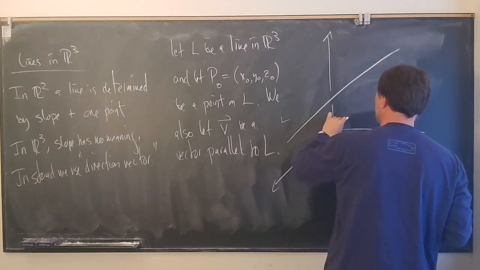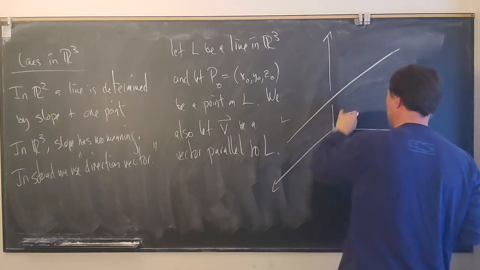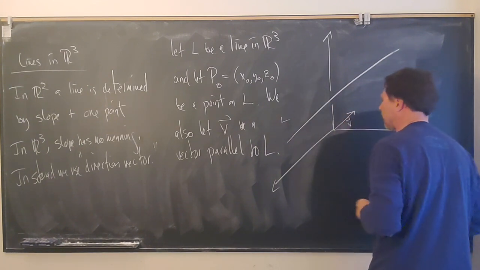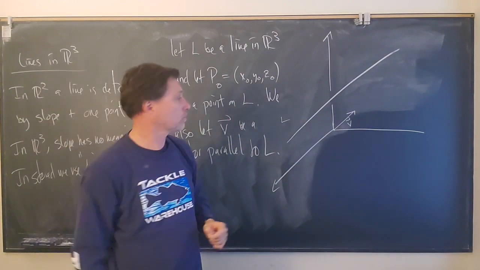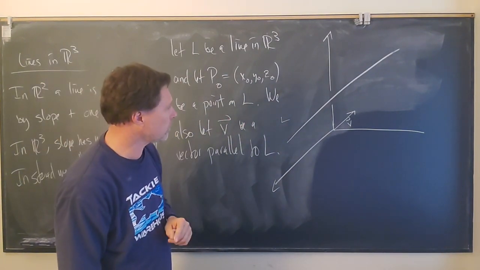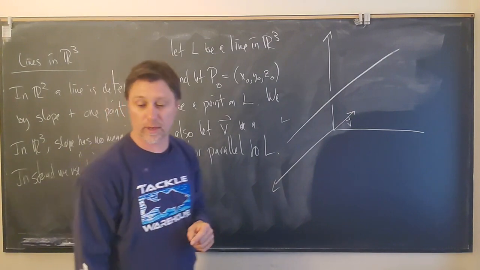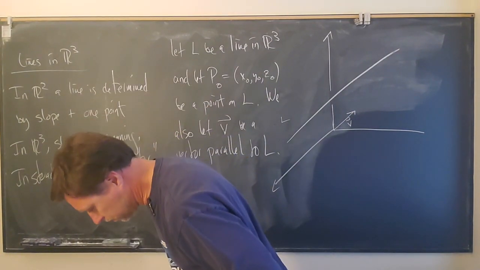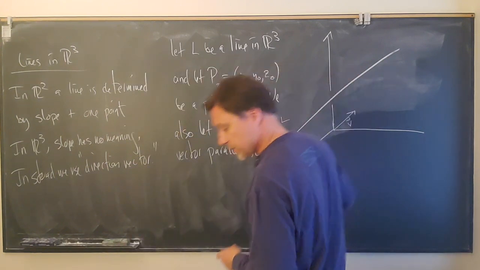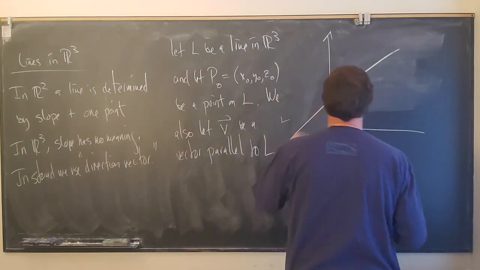Typically, I like to have my direction vector emanate from the origin, so I'm going to choose the position vector for V. So here's my vector V, here's my line, and then I need a point, and I'm going to call this point P0.